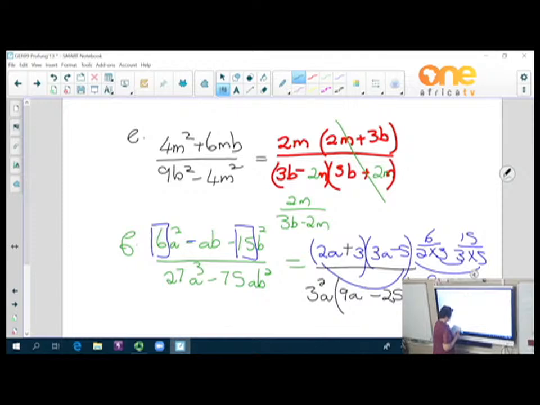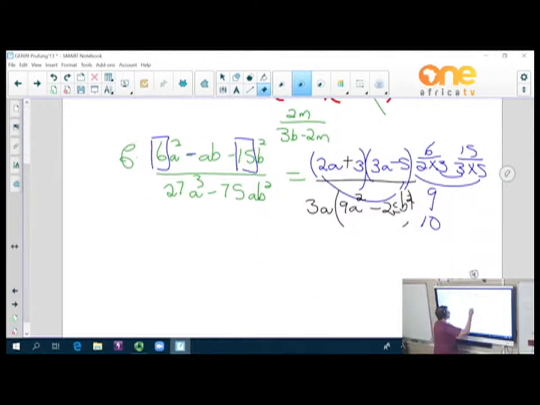Oh no, I can only take out the 3a, so that will make it then a squared here and b and ab there on that side. So this one is b squared. Okay. This one can actually factorize further because this is the difference between squares.